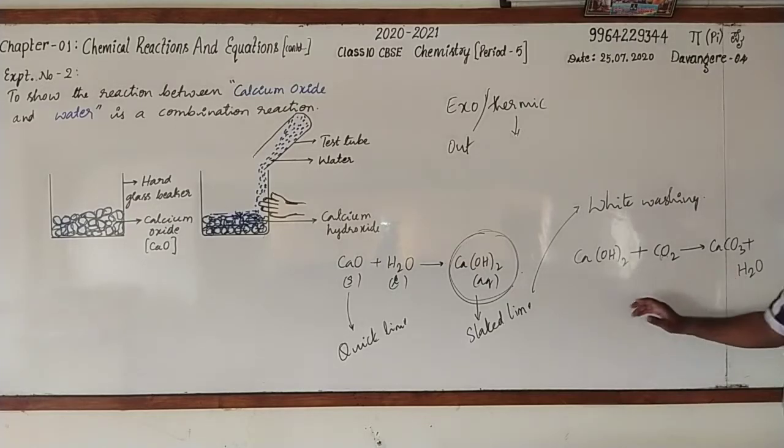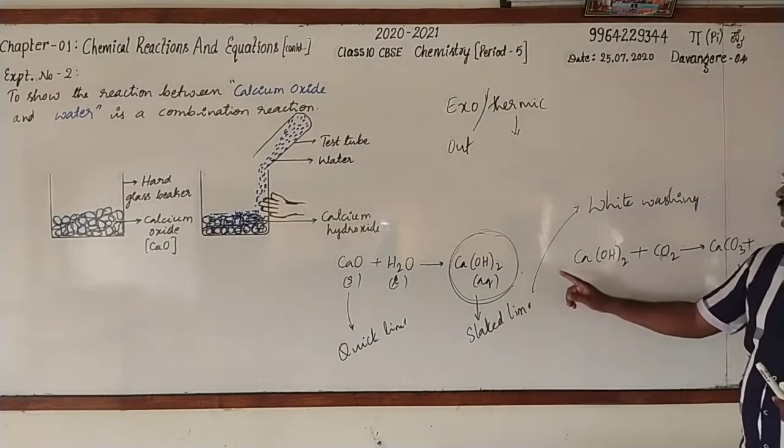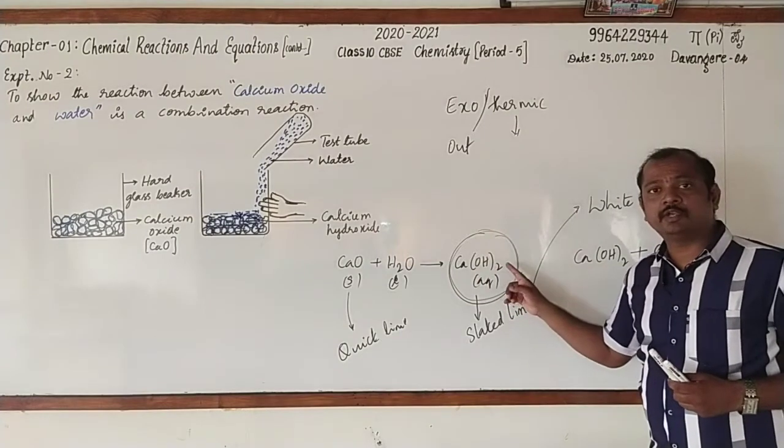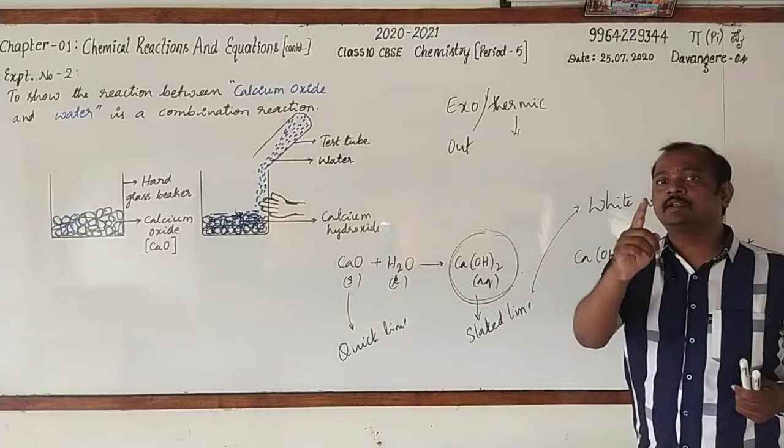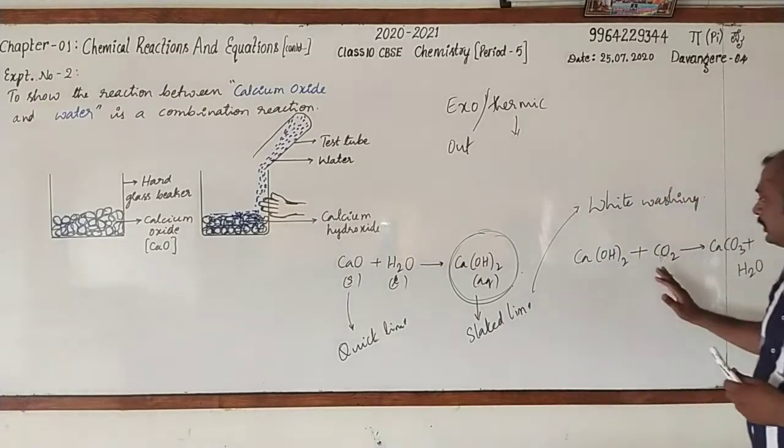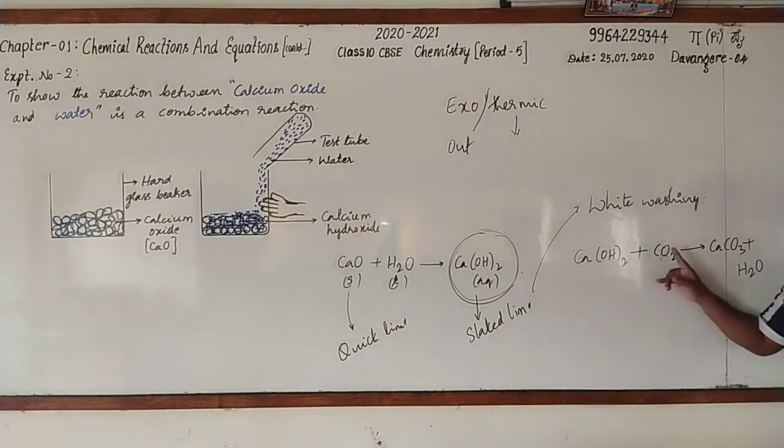Clear? To remember, when calcium hydroxide is applied to the wall, after 2 to 3 days, the wall gets a shiny appearance. It is because calcium hydroxide reacts slowly with carbon dioxide present in the atmosphere and forms a thin layer of calcium carbonate which has a shiny appearance.